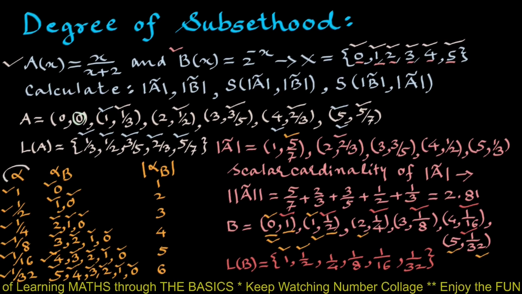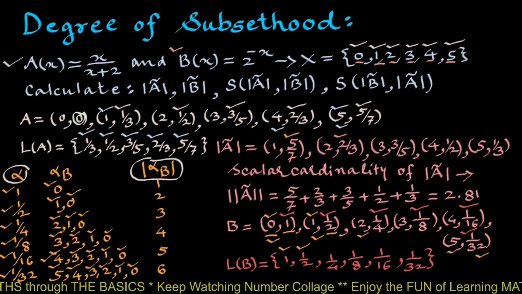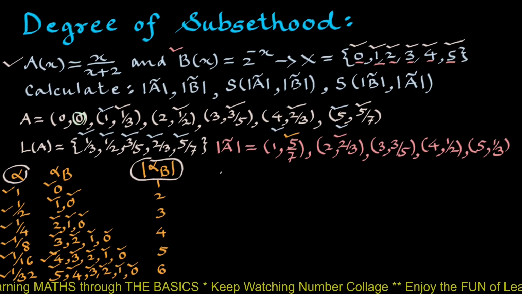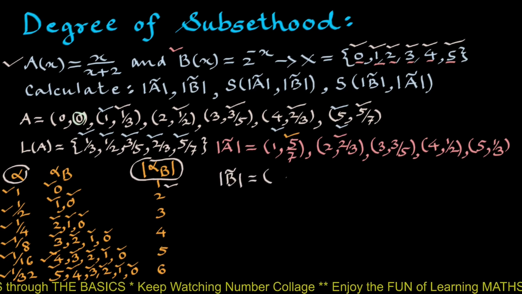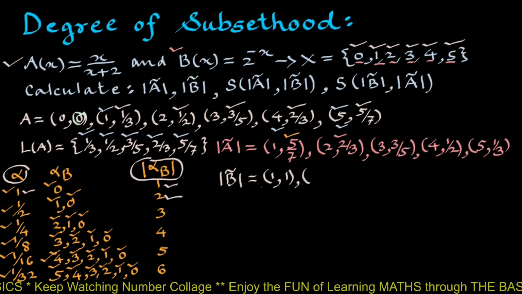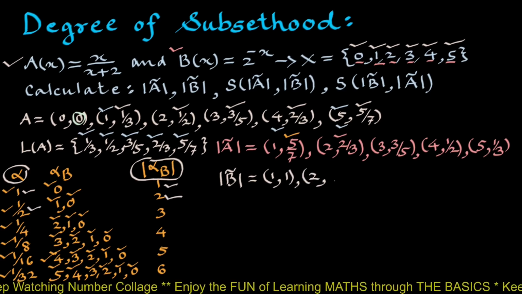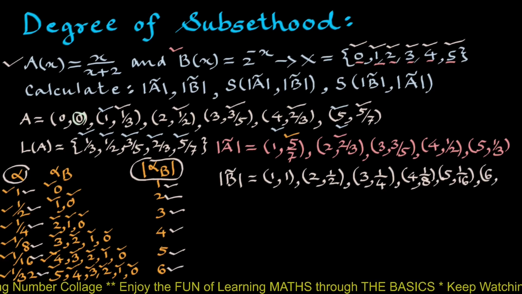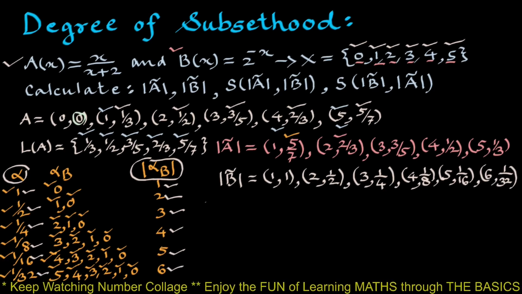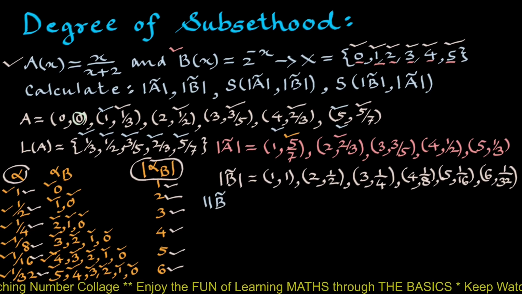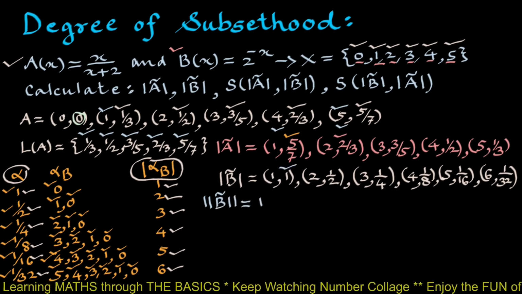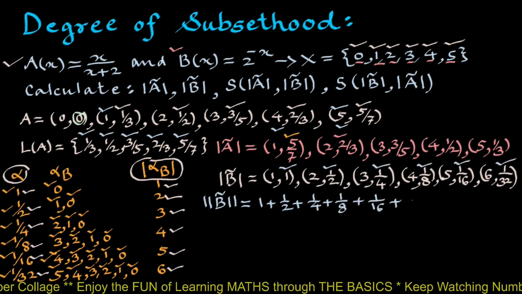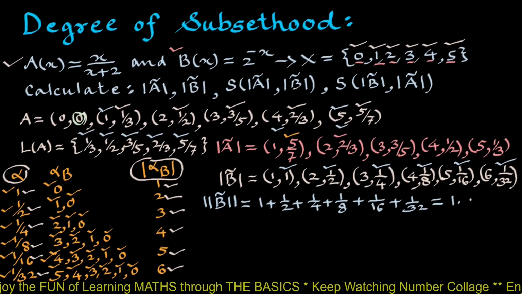From this first column and this third column, we will write fuzzy cardinality of set B. So fuzzy cardinality of B will be this 1, comma this 1, this 2, comma this half, etc., and this 6, comma this 1 upon 32. Now scalar cardinality of fuzzy cardinality B will be this 1 plus this half plus etc. plus this 1 upon 32 will be 1.96.